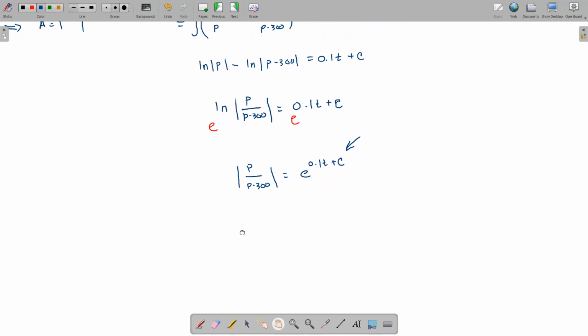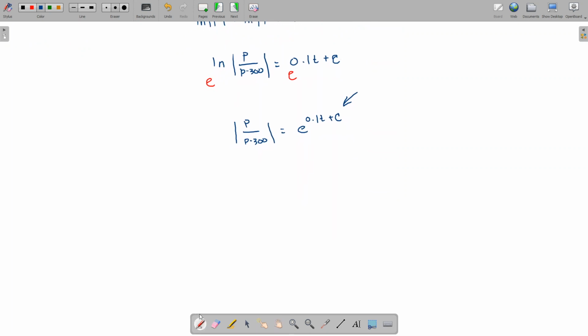But I don't really like leaving it there. So another way to write this would be, since it's an exponent that has a sum, you could write it as e to the c times e to the 0.1t. We have the same base.